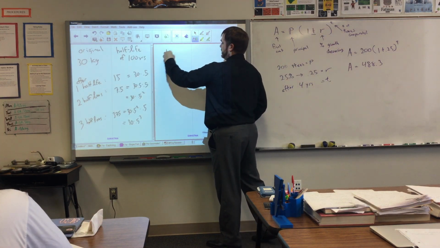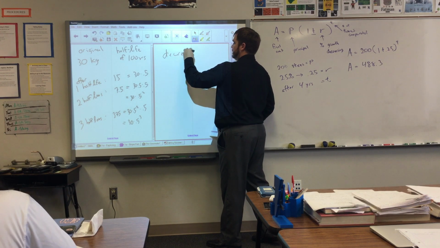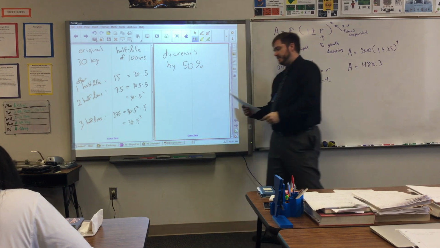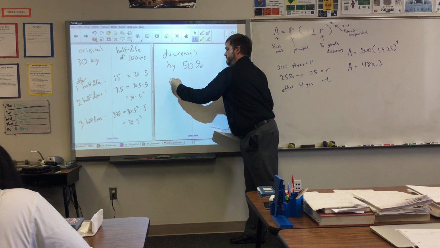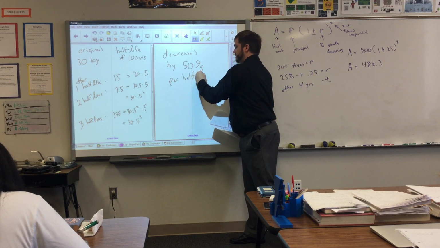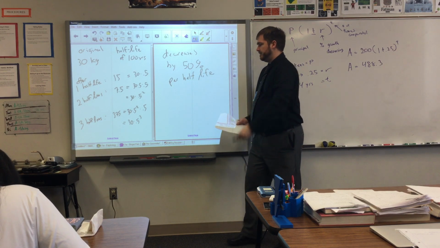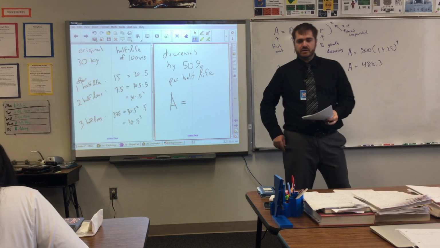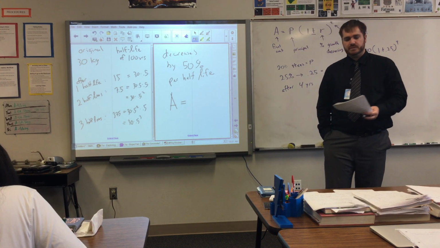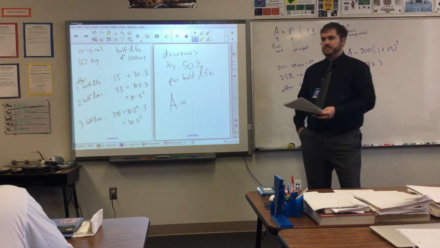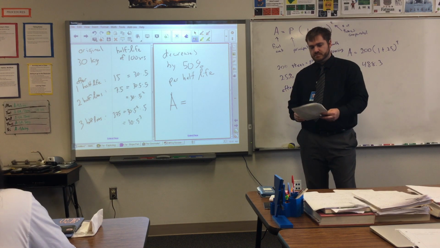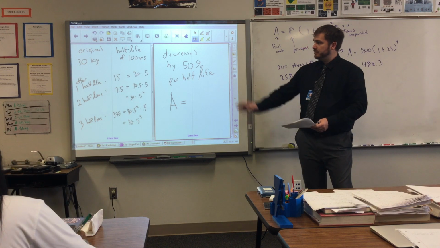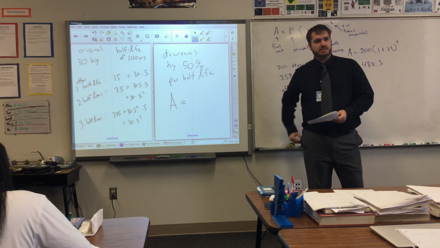So we can say that if the substance decreases by 50% per half-life, the final amount A equals, can you derive the generic formula? Taking all guesses here.